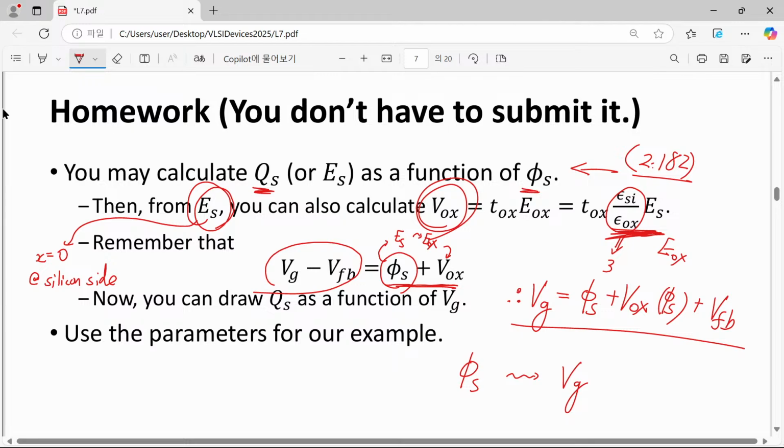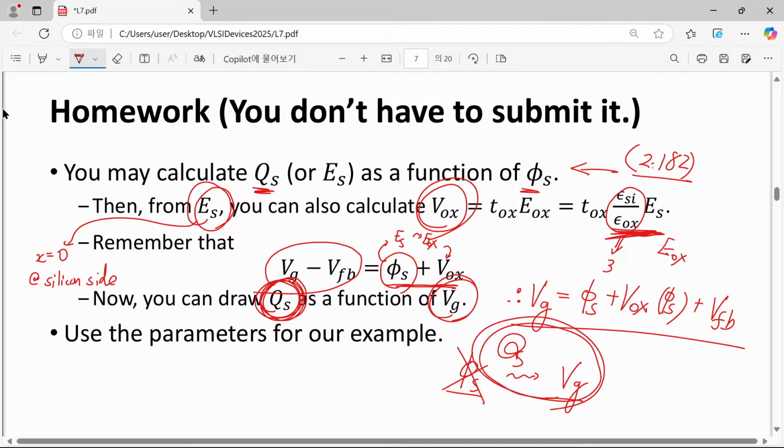So now please try to calculate this one. Now draw your QS not as a function of surface potential, but as a function of gate voltage. How can you do that? Once you make the table between phi s and Vg, since you always know Qs, just neglect phi s and draw their relation.